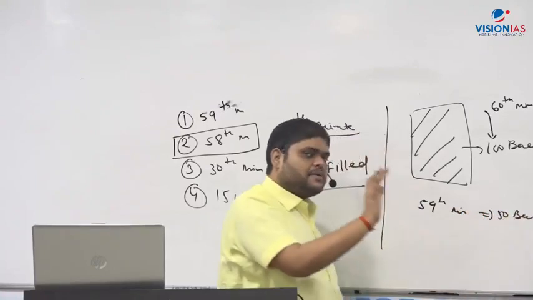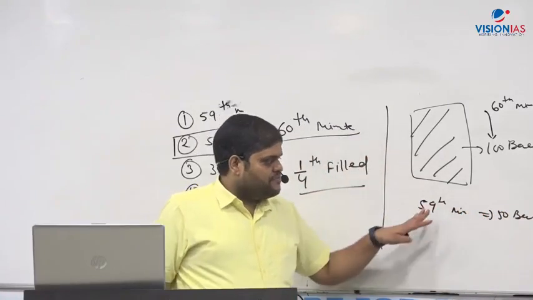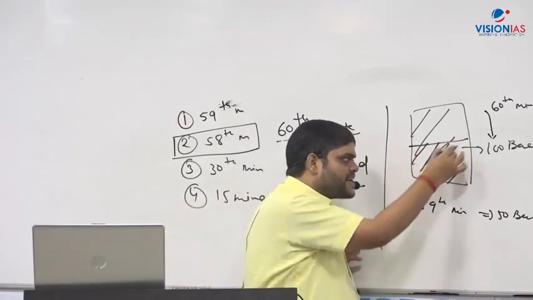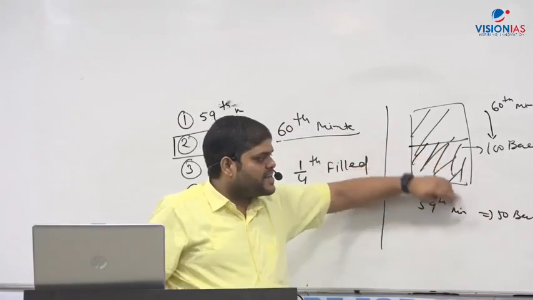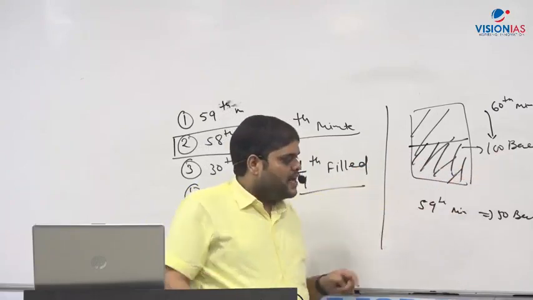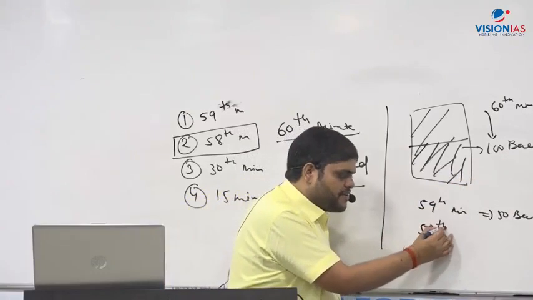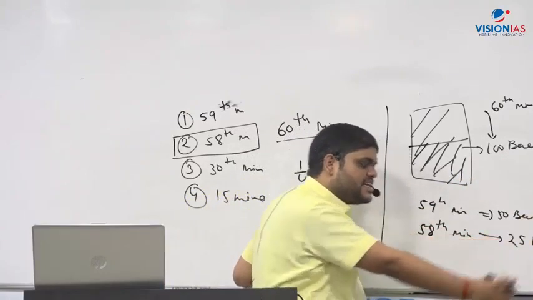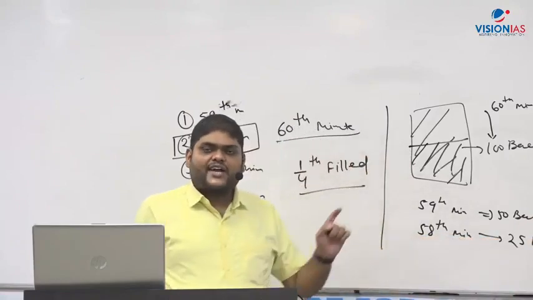Why 50 bacteria? Because at 59 minutes, half the bacteria were there, and next minute they become double. So can you tell me what will happen at 58 minutes? 25 bacteria will be there. And why 25?